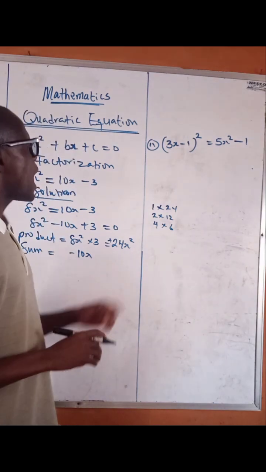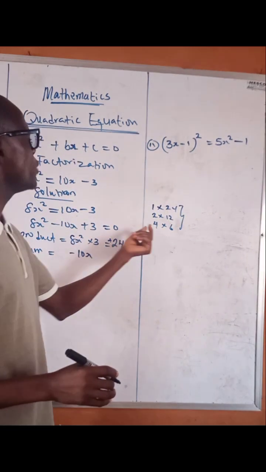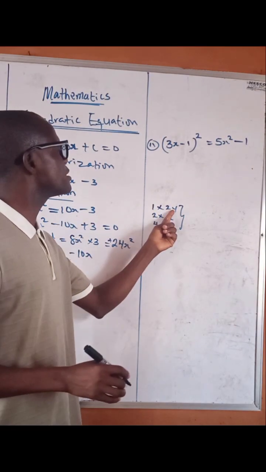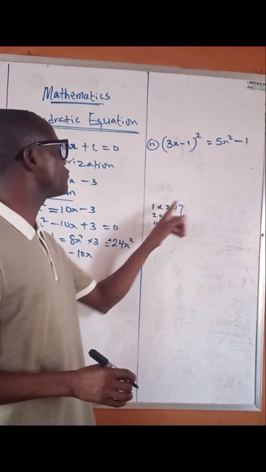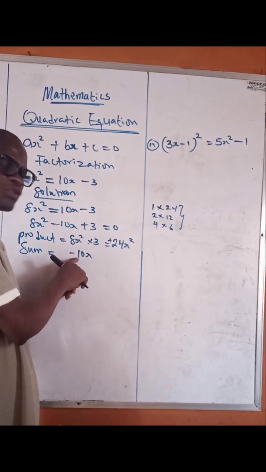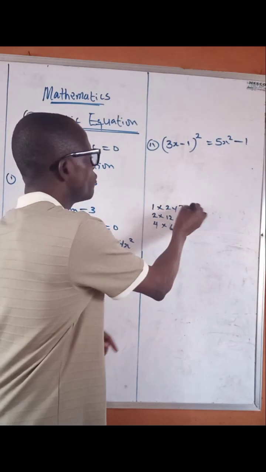Now, let's stop there. Out of all these three, which one, when we add it together, will give us minus 10? When you multiply this, it will give us 24. When you multiply this, it will give us 24. When you multiply this, it also gives us 24. But don't forget, our sum is minus 10. You know, this cannot even work.